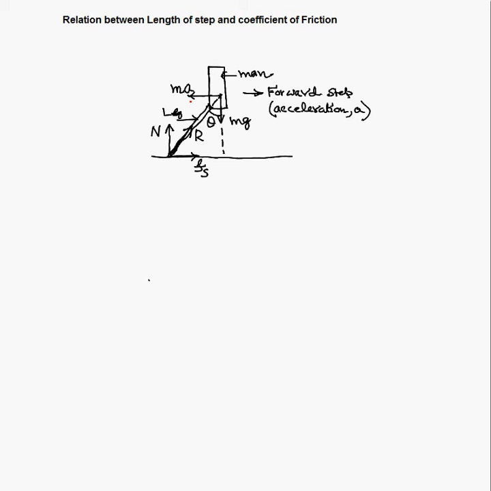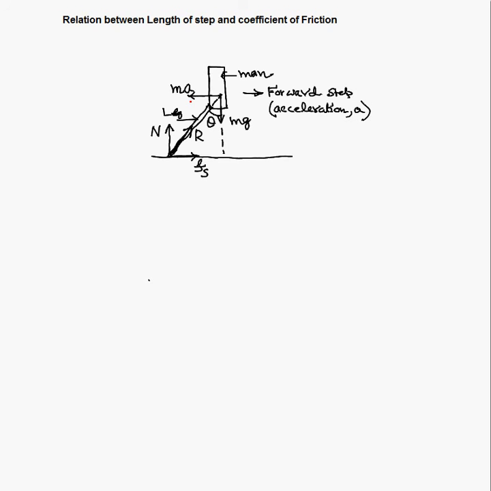In his frame, the man is in equilibrium, both translational and rotational. Hence, all these three forces must be concurrent.